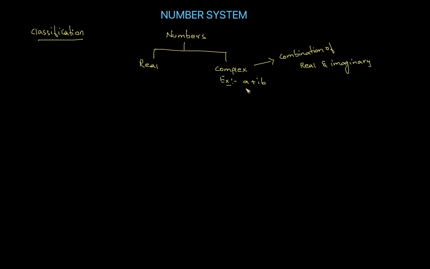This a is the real number and i is the imaginary number. The imaginary number is denoted by i, and the value of i square is minus 1. So i is nothing but root of minus 1.